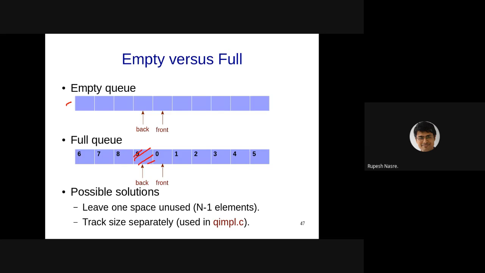So that requires us to probably keep track of the difference between front and back. If that difference is 1, and back is smaller than front, then we say that it is empty. But if the difference is 2 and back is smaller than the front, then we say that it is going to be full. So that is another way in which that can be done when we are leaving one space unused.